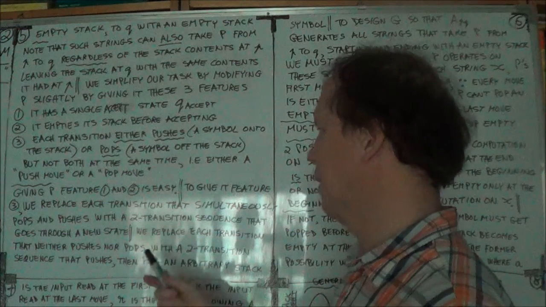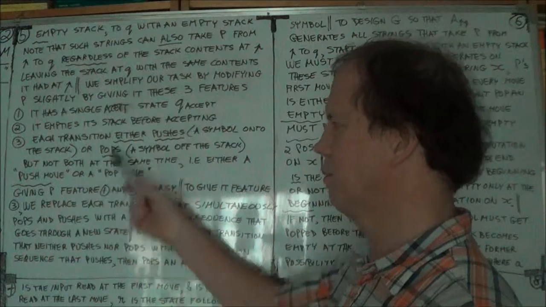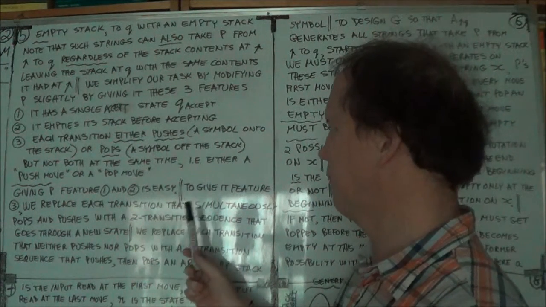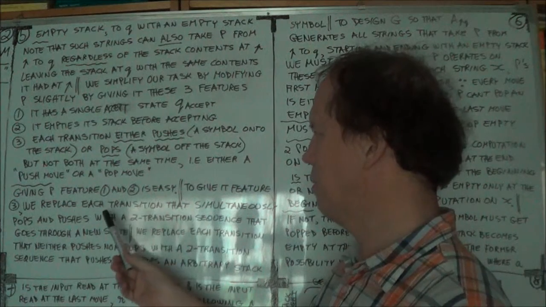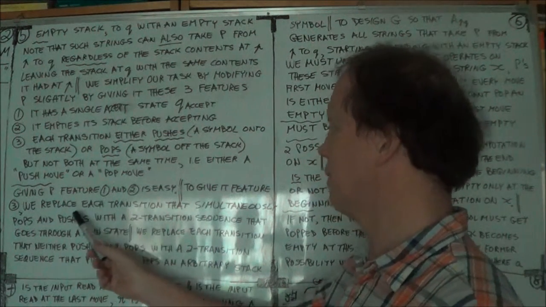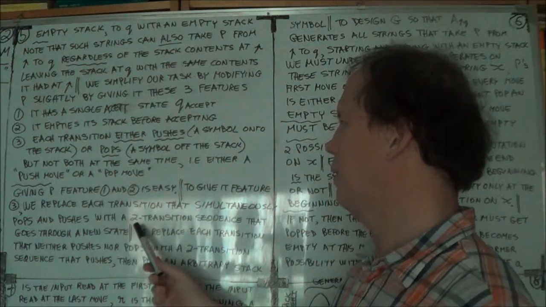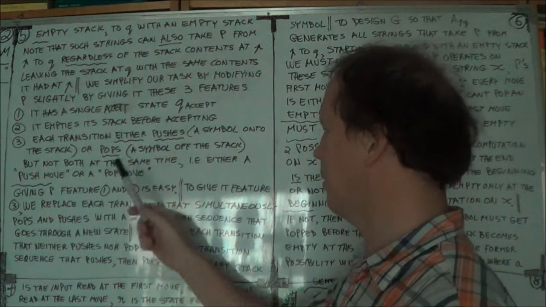So we don't want that, and you'll see later why we do that. Okay, so you can change that transition that does simultaneously push and pop by having 2 transitions, one after the other.